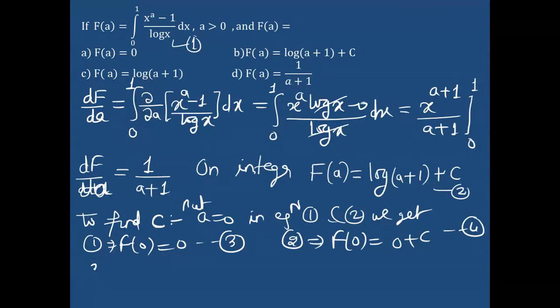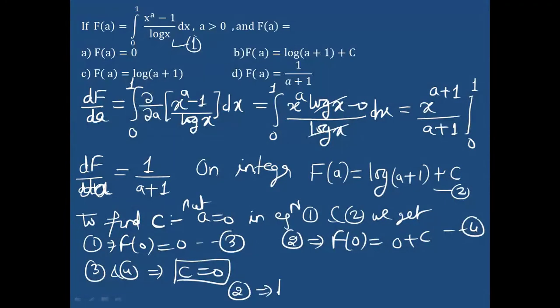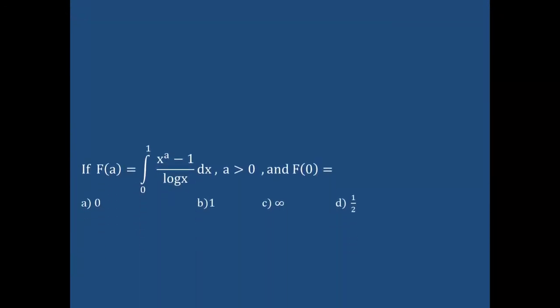So just combine 3 and 4. Equating right hand side, you will get c as 0. So put this over here. Equation 2 gives you the final answer. F of a is equal to log of a plus 1, c is 0. So what is our final answer? Final answer is given by option number C. So this is how the problem is solved.